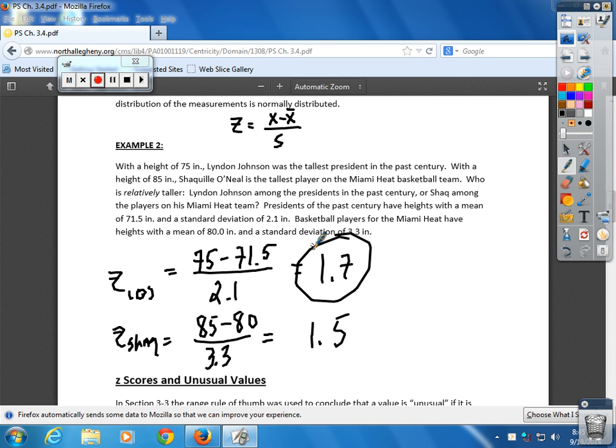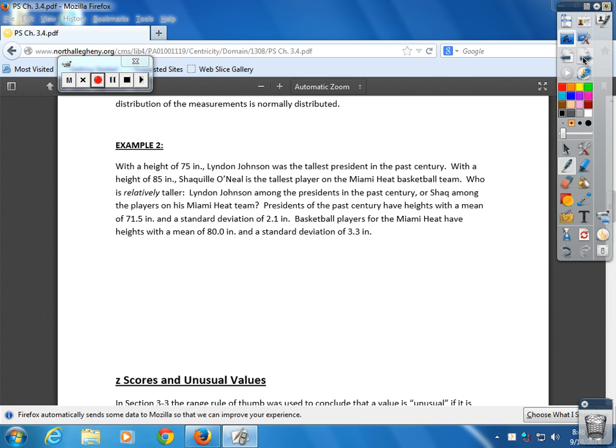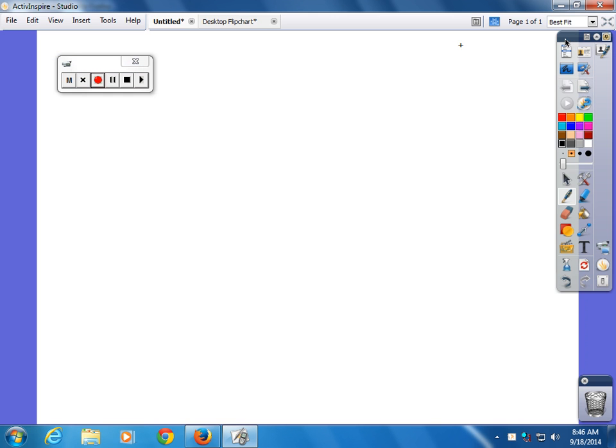Now, always remember, the further you are from zero, the more unusual you are. Let's look at the scale. On page, I don't know what page it's on. I want to say 112. Somebody look on 112 if anybody has a book. There is a scale on the bottom of the page, and it talks about z-scores.